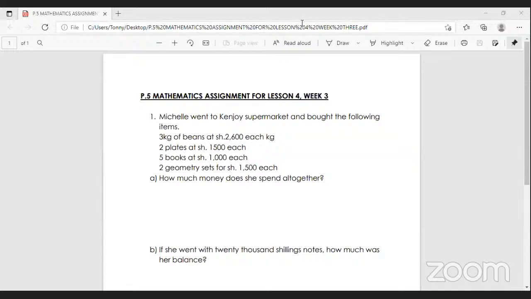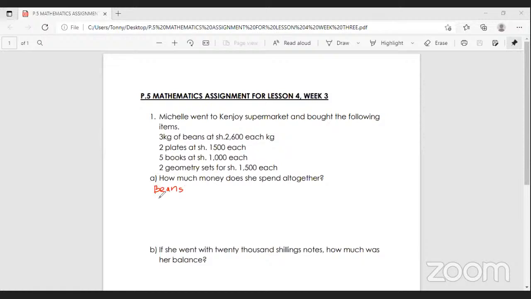So let me just go through this very briefly, just like what I expected you to do, in summary form. To get the total expenditure, that is the total amount, the bill that you are going to pay, you come here and say, I have the first item, you write there beans.